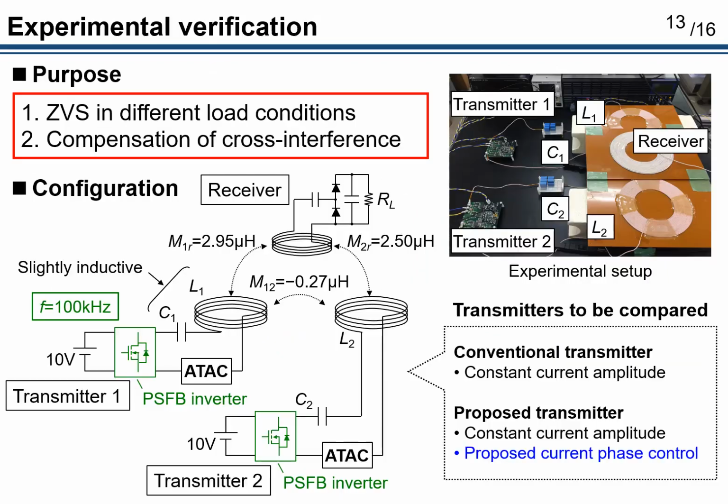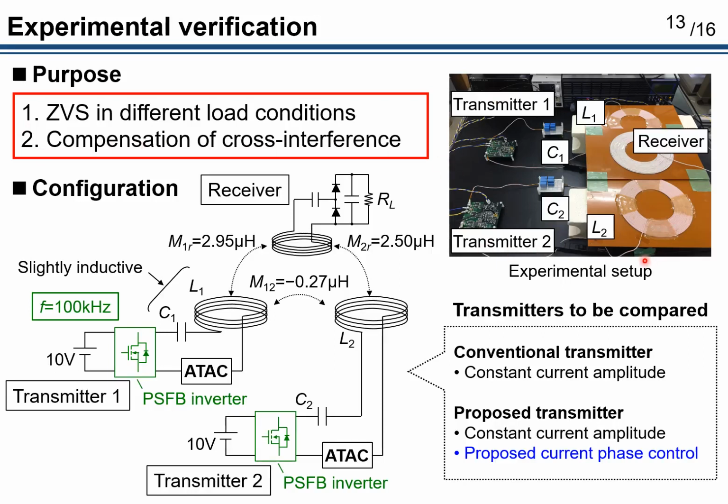Then, we carried out experiments to verify the effectiveness of the proposed transmitter. There are two purposes. The first is to verify the ZVS in different load conditions. The second is to verify the compensation of the cross-interference among transmitters.